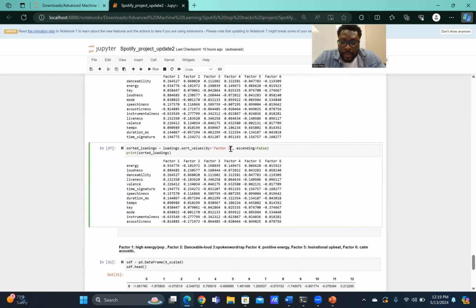Factor two. After factor two is sorted, danceability is the most important feature. We'll forget about time signature because it is supposed to go from 1 to 8 or so, but because we scaled it, we should have removed it from here.